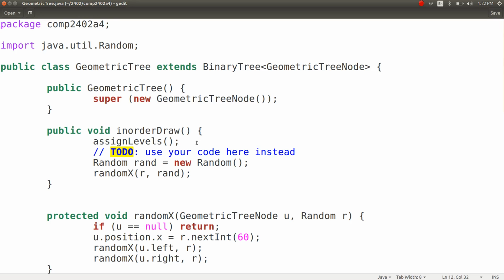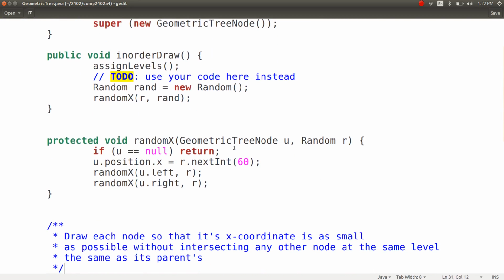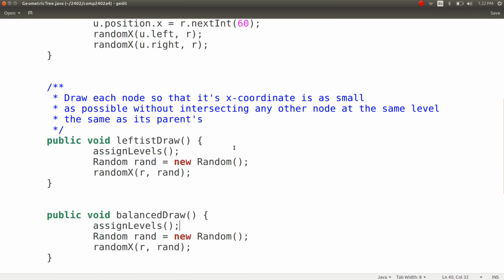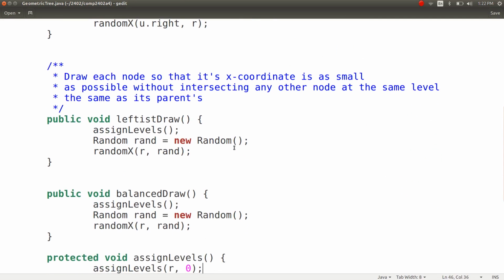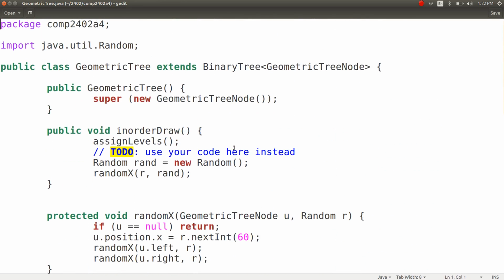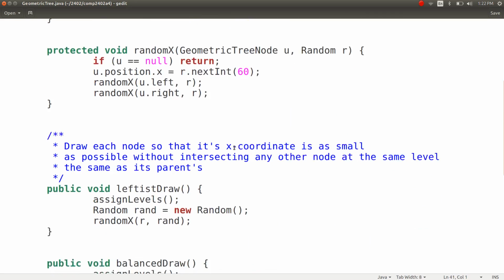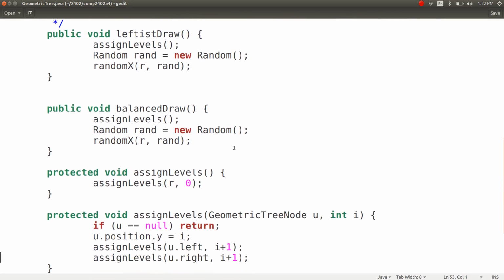Here they are: in-order draw, which does the in-order drawing; leftist draw, which does the leftist drawing; and balanced draw, which does the balanced drawing. The first two are already half written. The y-coordinates are already assigned correctly for the first two. All you have to do is the x-coordinates. The last one, balanced draw, takes a bit more work.